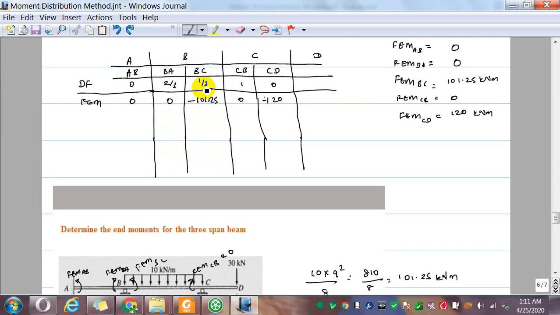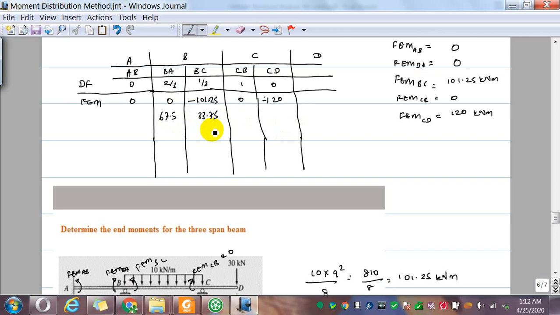If you use a calculator, 101.25 times 2/3, that is 67.5. So 67.5 plus from this member, and 101.25 minus 67.5 is 33.75.